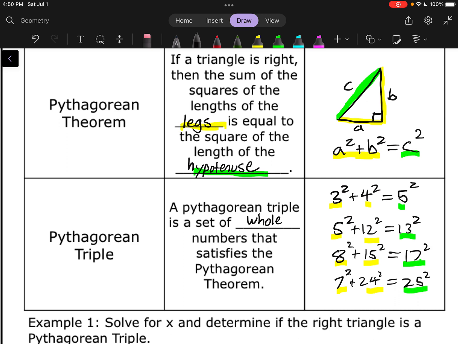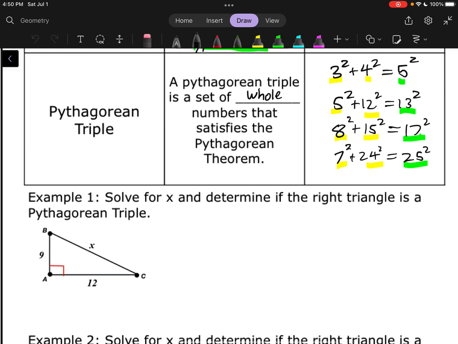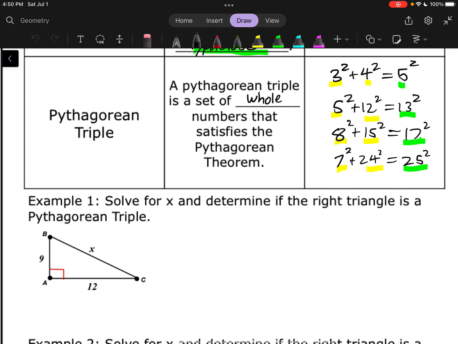So imagine that I multiply all the sides by 2. Then 3 times 2 is 6, 4 times 2 is 8, 5 times 2 is 10. So 6, 8, 10 would work. So any of those could be multiplied by some scale factor and create a similar triangle, and it would still be a right triangle. Okay, so let's try using the Pythagorean theorem here.